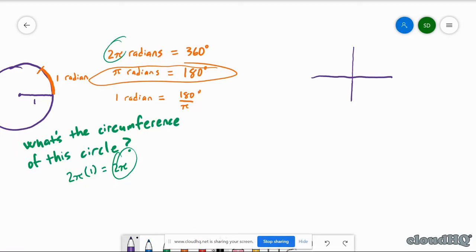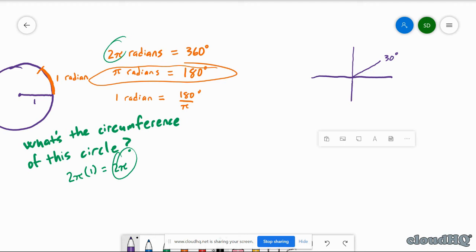So let's think about 30-degree angles for a second. If I drew a 30-degree angle in standard position, it would be this, correct? Be about there. I would like to know, and I'd like you to be very proficient at being able to determine, how many radians that is.